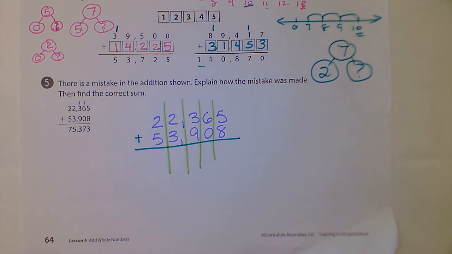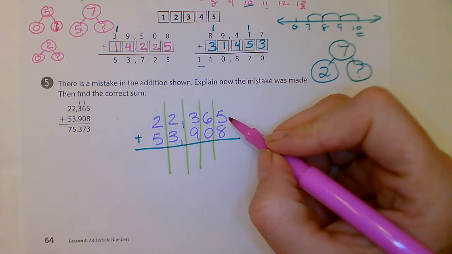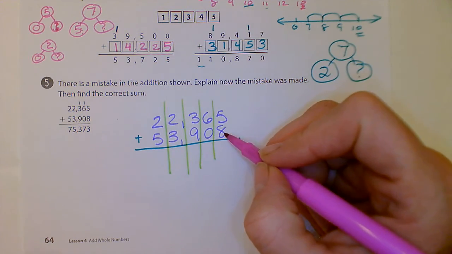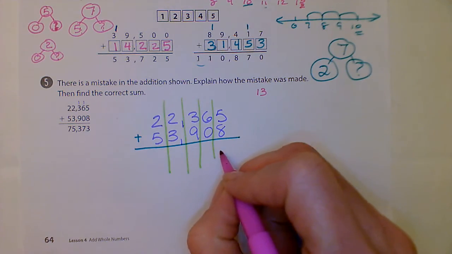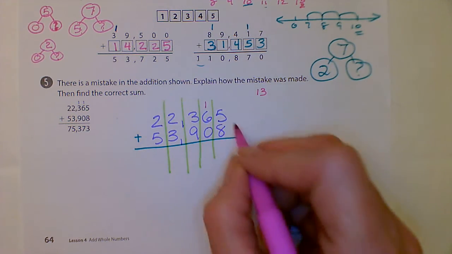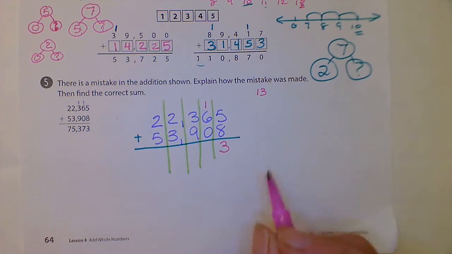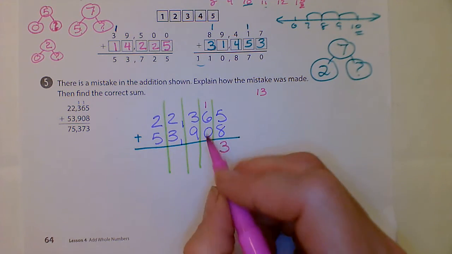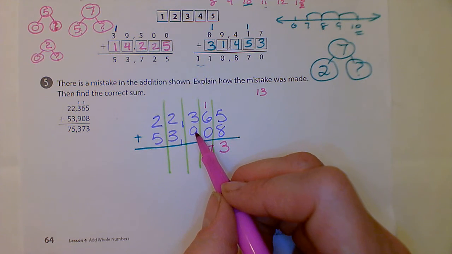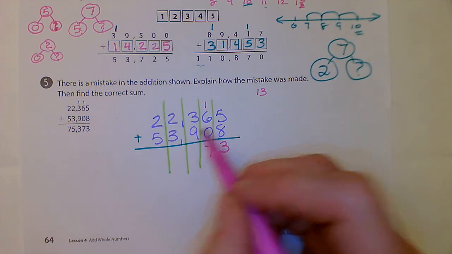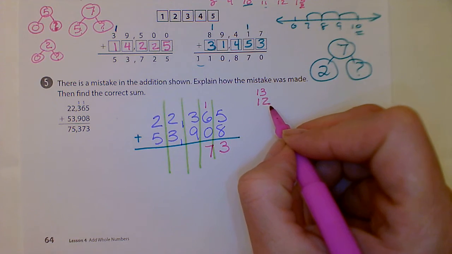So here we go. We're going to start on the right, because that's where we always start. 5 plus 8 is 13. But remember, I can't write 13 in here. I have to regroup that 1. It goes over one place value. 1 plus 6 is 7. 3 plus 9 is 12. But again, I have to regroup.